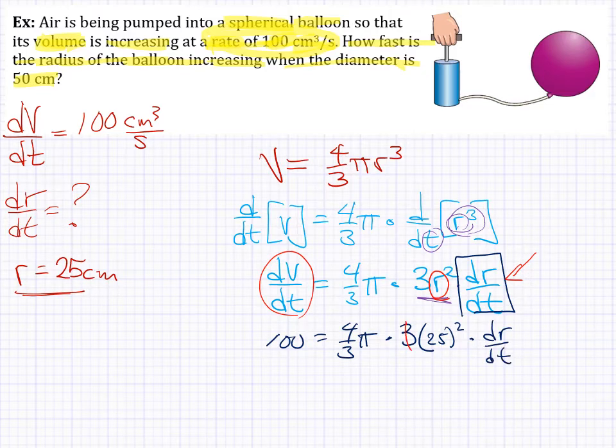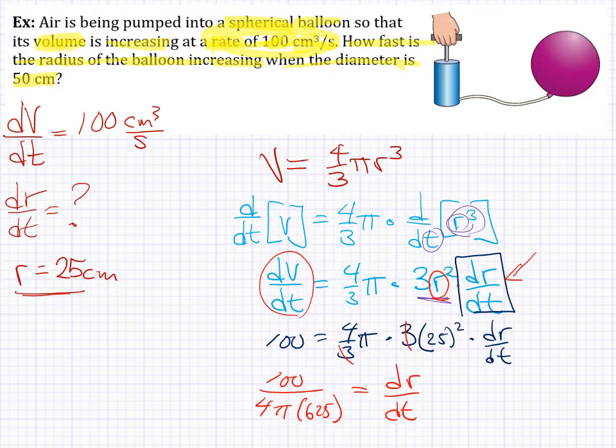So very simply, these will cancel. 25 squared is going to give you 625. So if we divide that over, we'll have 100 divided by 4 pi times 625 equals dr/dt. And we should probably simplify this even more.